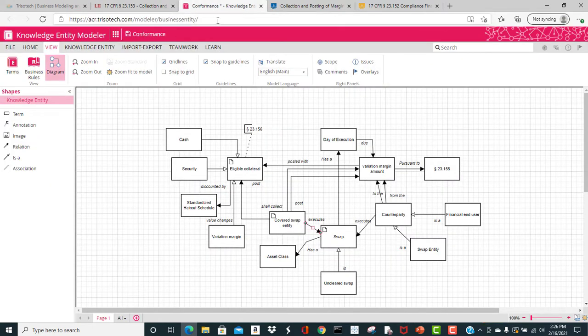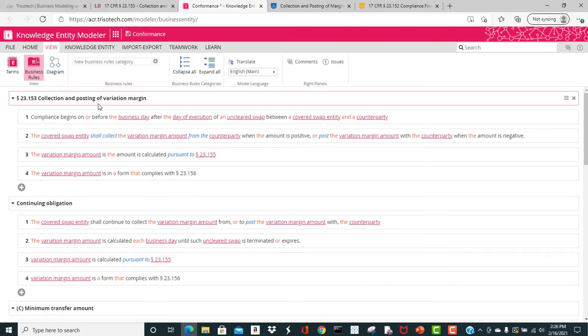So if I go back to the KEM and look at the business rules that I have entered, you can see that I have the four basic rules: the time frame, on or before the business day, after the day of execution, the collecting or posting the variation amount with the counterparty. The third rule, the variation amount computing pursuant to 23.155, and the variation margin amount that is in a form that complies with 23.156, which is collateral.